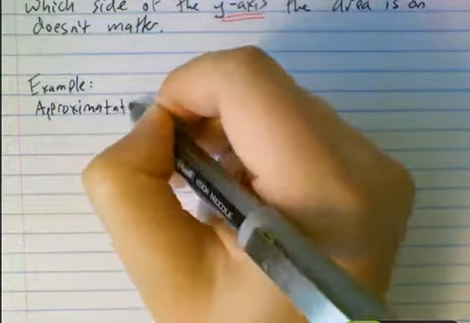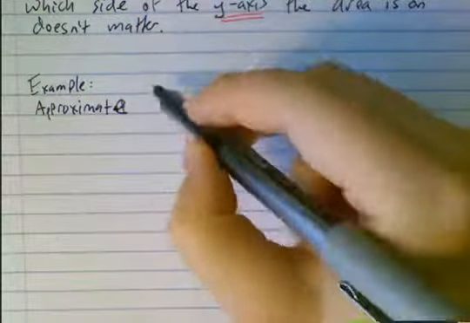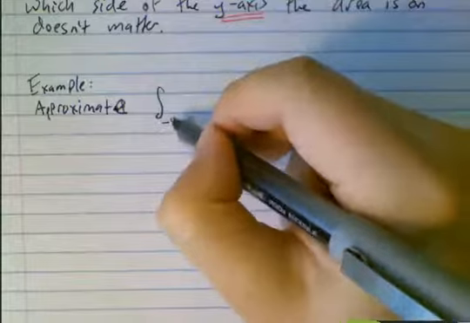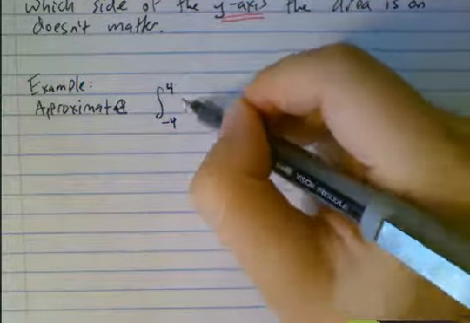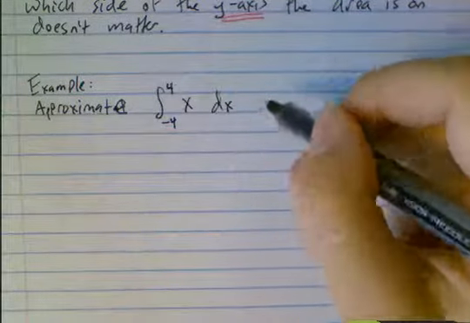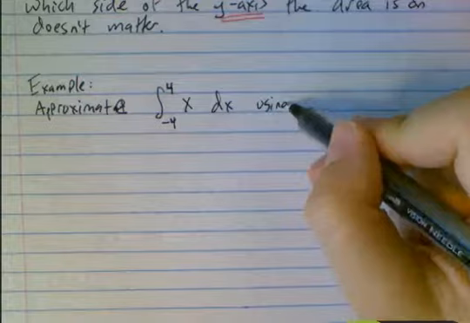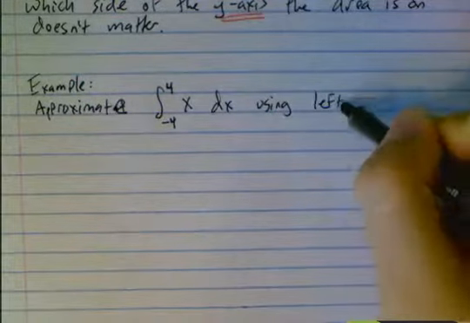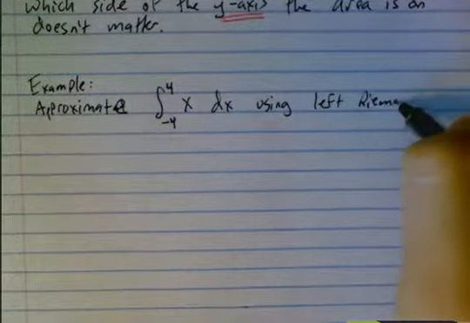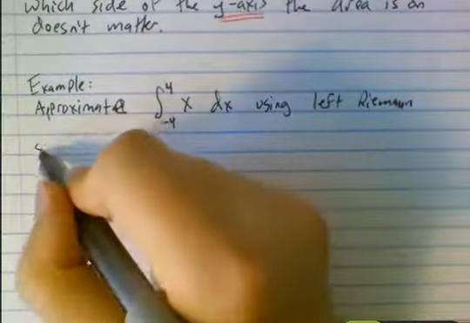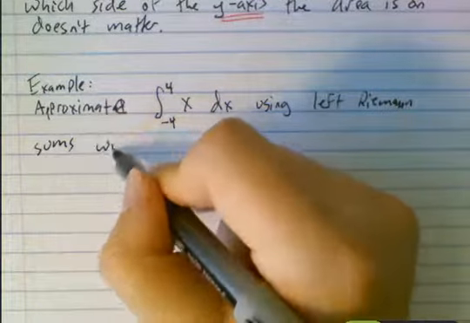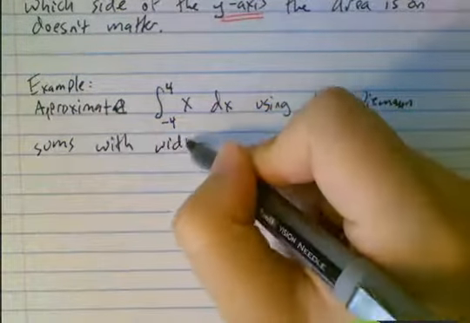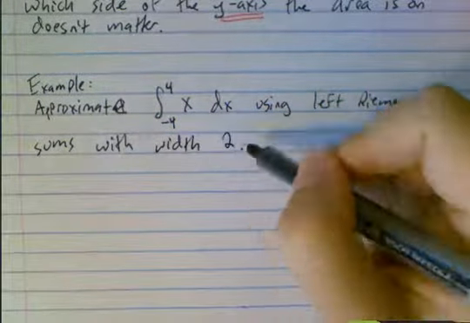Approximate the integral from -4 to 4 of x with respect to x using left Riemann sums with width 2.